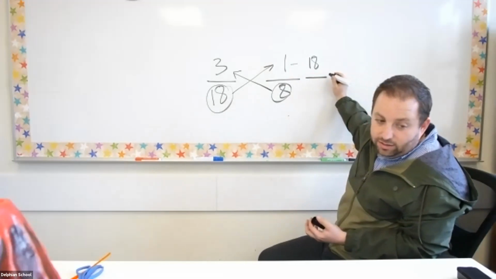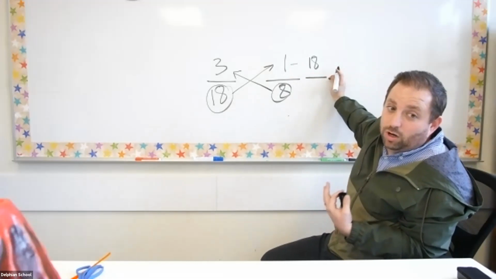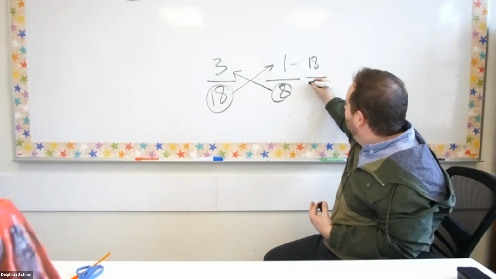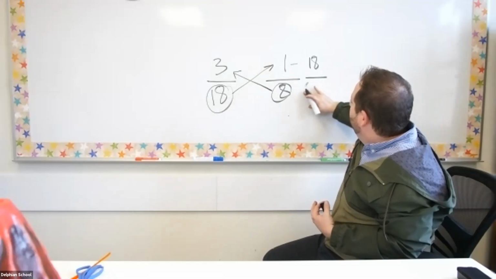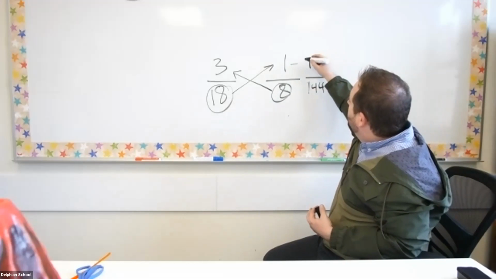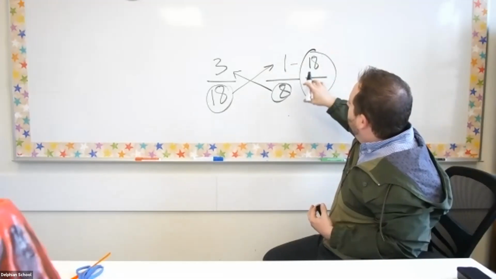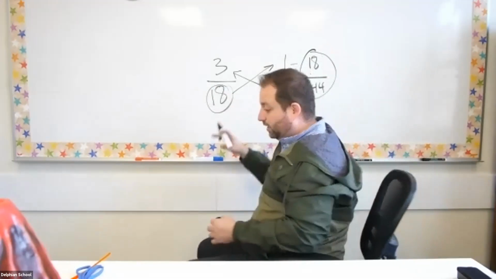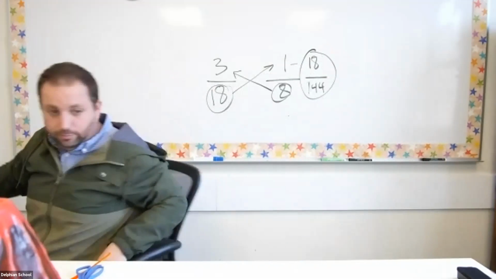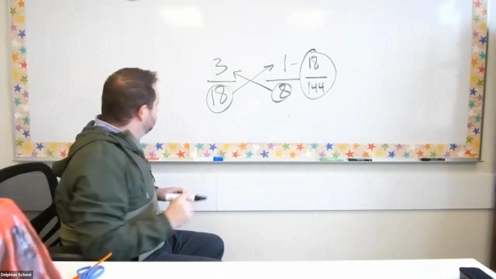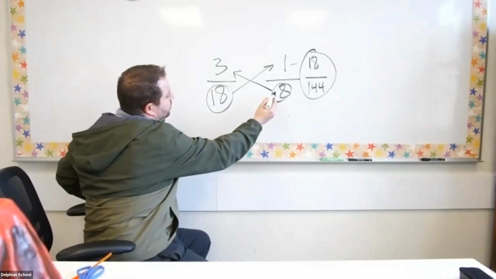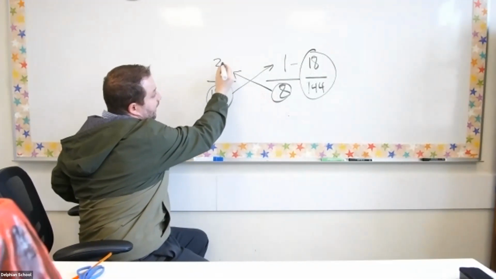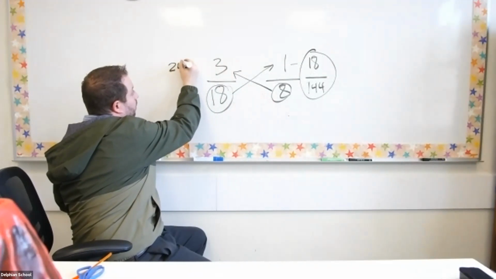18 times 8. I'm not actually this smart. This was in the book already, so I already had it figured out, but it's 144. So that is an equivalent fraction to 1/8. And then I take this, and I'm going to multiply 3 times 8, which is 24.